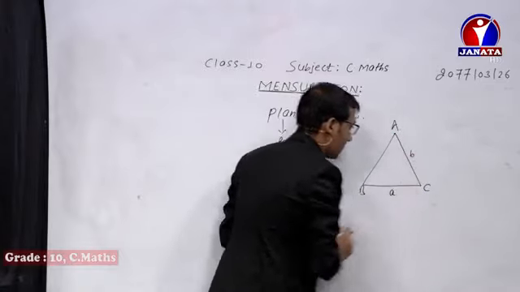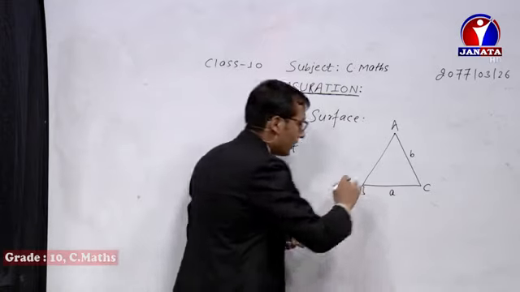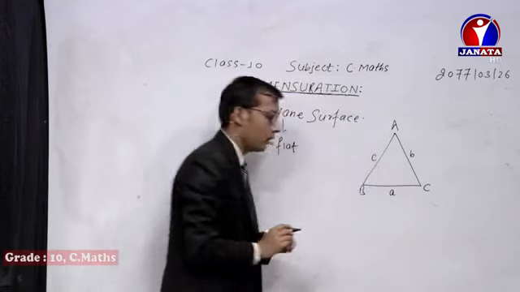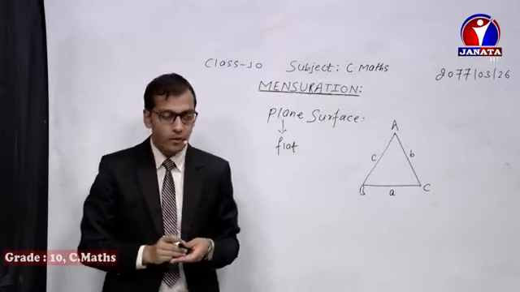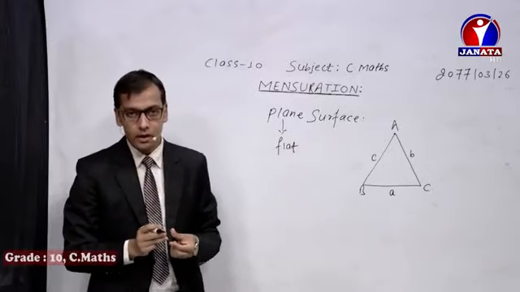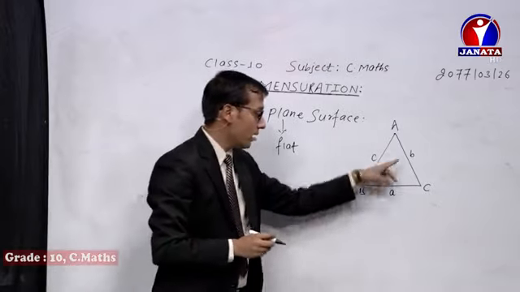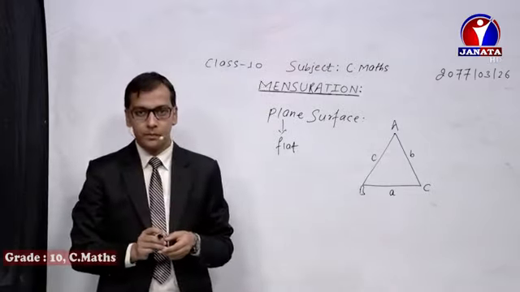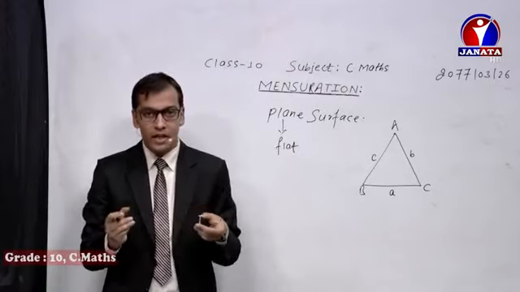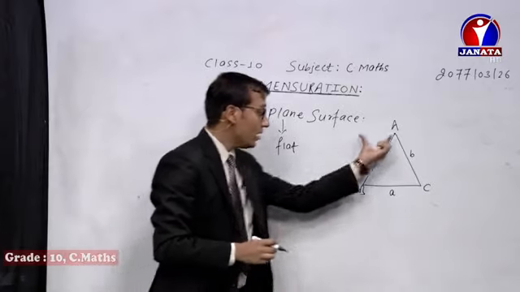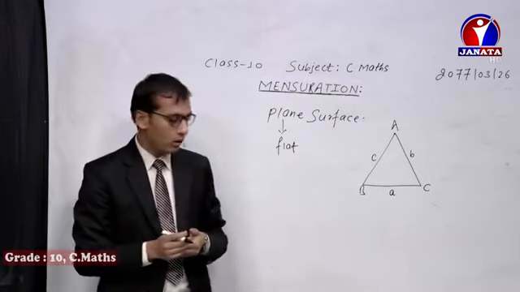It's small b, because AC is opposite to vertex B. Similarly, AB is small c. Simply what I want to say here is, in a triangle there are a total of 6 parts. Among the 6 parts, 3 are the sides like AB, AC and BC, and 3 are the angles. We denote the vertices by capital letters and their sides by small letters. So what is the area of this triangle? How can you find the area? How can you find the perimeter of this triangle?